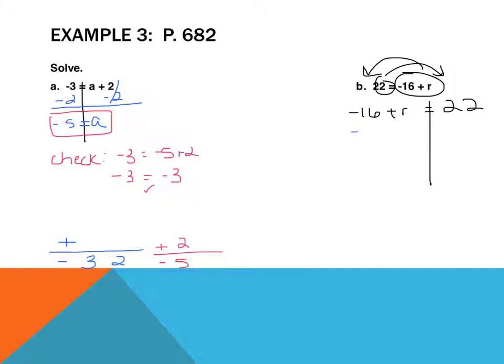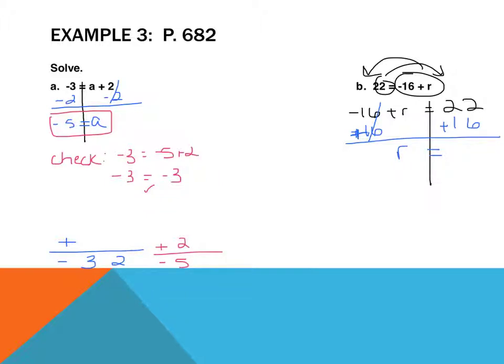Well, if I put another -16, will -16 and -16 cancel each other out? No. -16 and plus 16, positive 16, will cancel out. So I'm going to add 16 to both sides. So whatever you do on the left side, you do the same thing on the right side. So since we added 16 to the left, we're going to add 16 to the right.